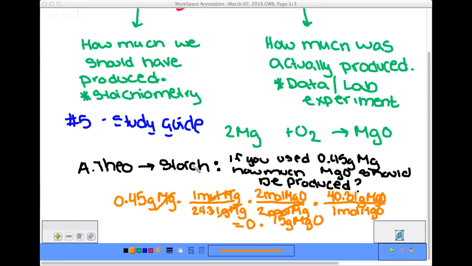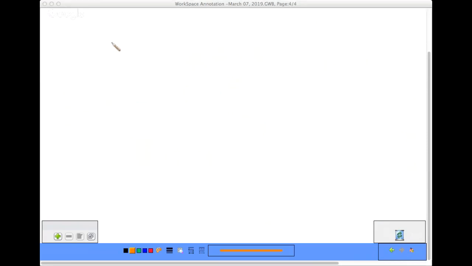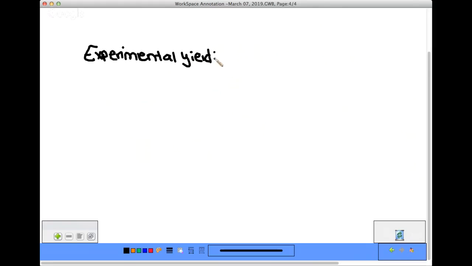Now, based off of this and our data, we want to figure out what is our experimental yield. I'm going to have to go to a new page. So now we want to know what is our experimental yield of magnesium oxide. What we need to do is subtract a couple things.